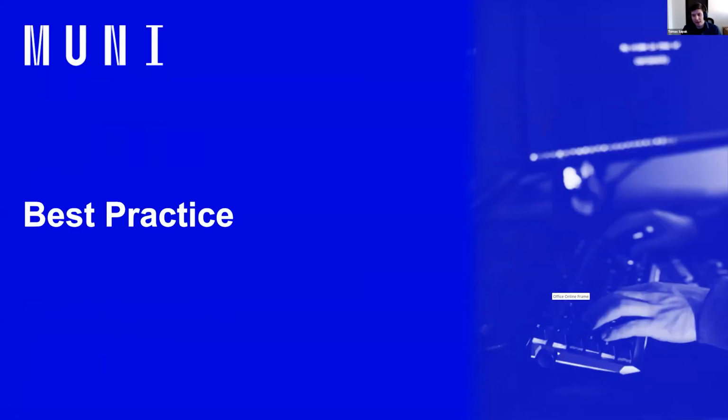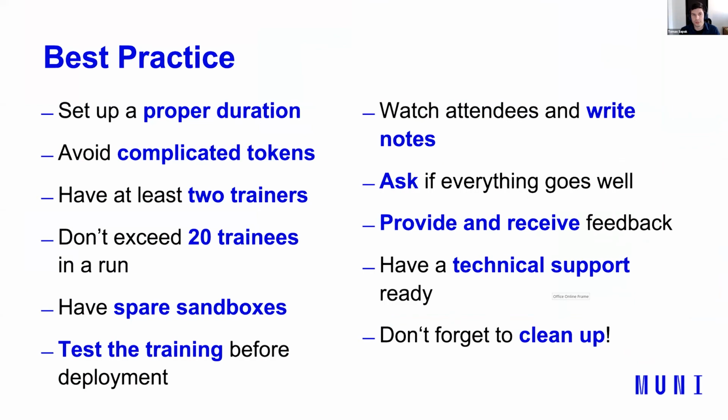And there are some best practice methods we observed. The important thing from our practice is you should test the training before deployment and before you go live. Watch your students and write notes which should be important for you and for the final evaluation.